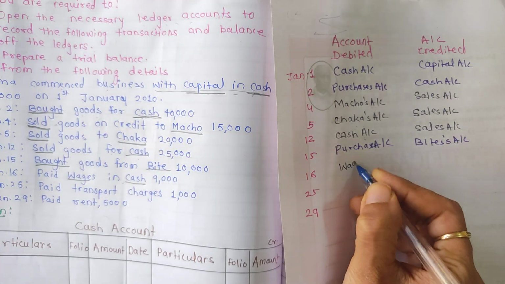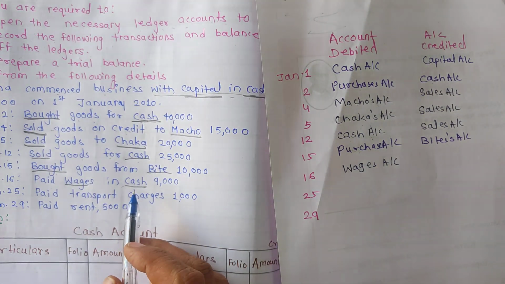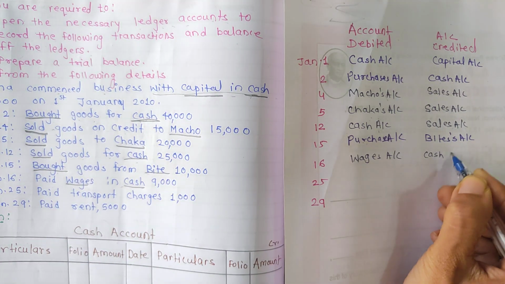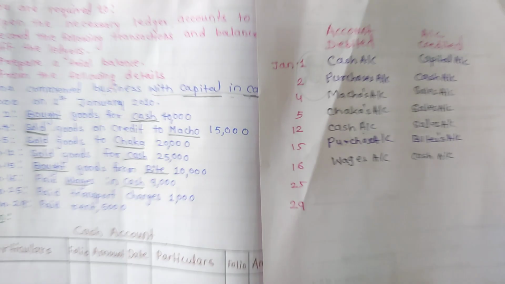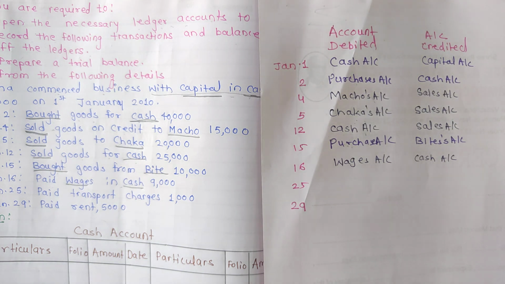So wages account will be debited and cash is going out of the business. So cash account will be credited. See, for any expenses paid, whether it is wages paid, transport charges paid or salaries paid, you have to debit that particular expense account and credit cash if cash is going. So you have to credit cash account.